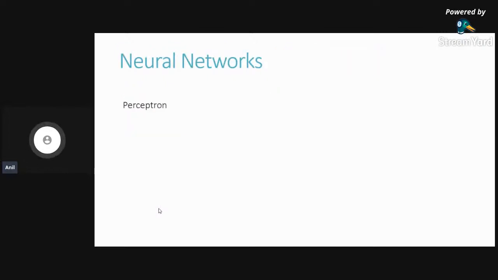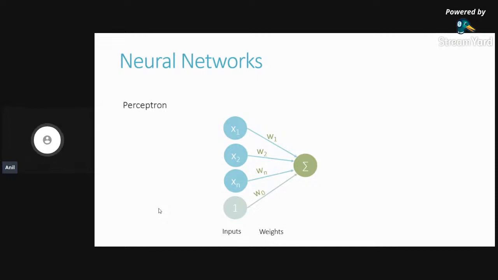Okay, so let's now proceed with the introduction to neural networks and how to implement them. Before proceeding with the neural network, let's see what a perceptron is. A perceptron is nothing but a computational unit which takes n inputs, and we multiply each input with a specific weight. Then the perceptron computes the weighted sum of these input values.